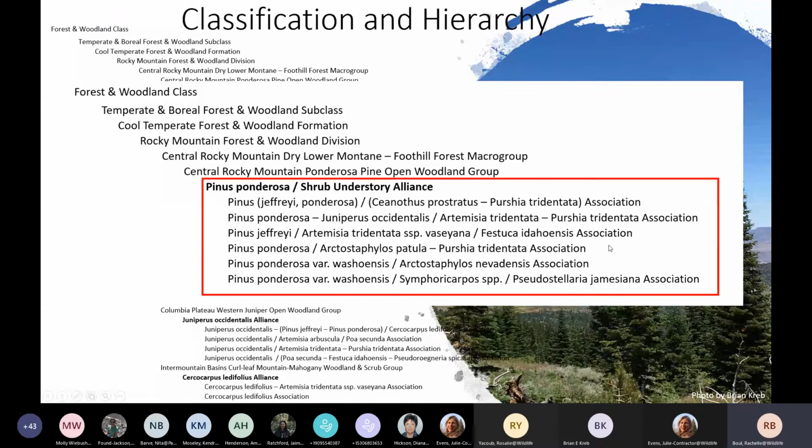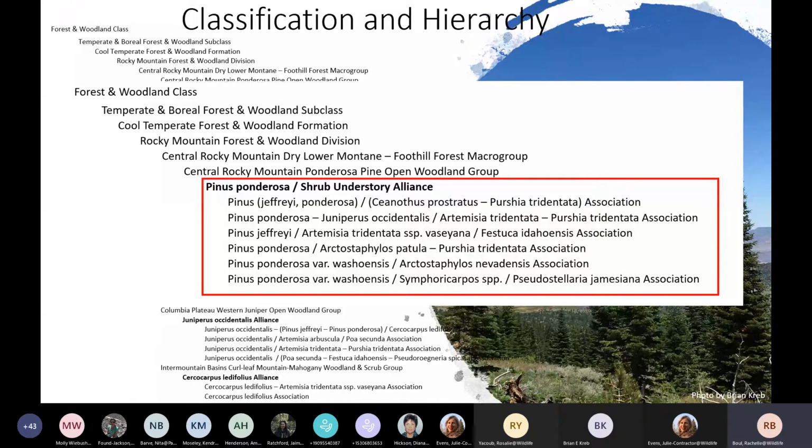The finest levels of the classification are the alliance and association levels here, with the associations being nested under the alliances. Above the alliance and associations are broader levels that group communities that are geographically and ecologically related. So the hierarchy shows the relationship between communities.